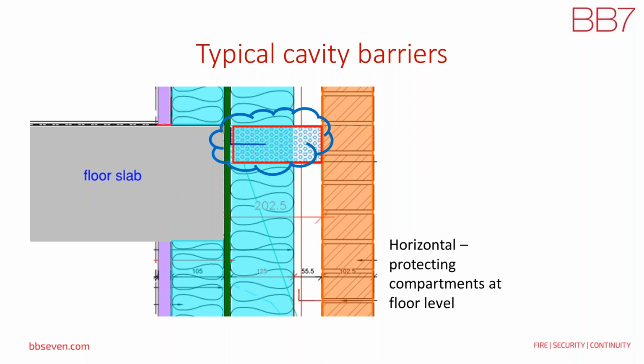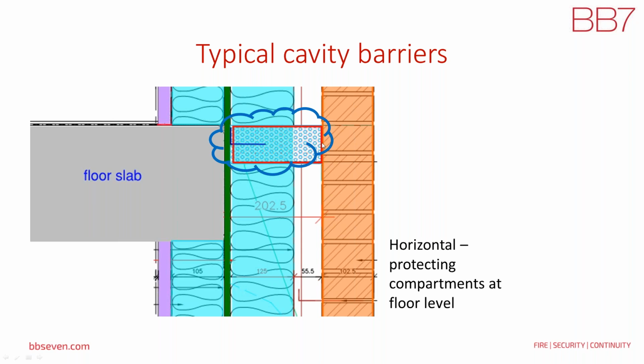Now this one is a compression fit because you've got a sheathing board running down the floor slab. So it's actually been mechanically fixed in. You'll see the pin on the slide, but it is a compression fit as well.